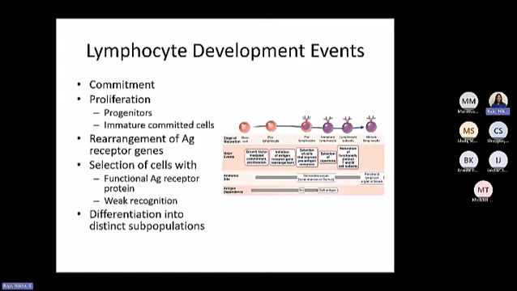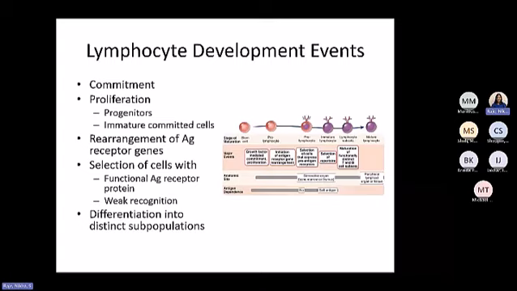And so during development, there are certain phases or stages that each of these lymphocytes have to go through to make sure that it's a functional lymphocyte. The first step is, we know that these lymphocytes come from stem cells, so they commit to becoming a lymphocyte and not any other type of blood cell.